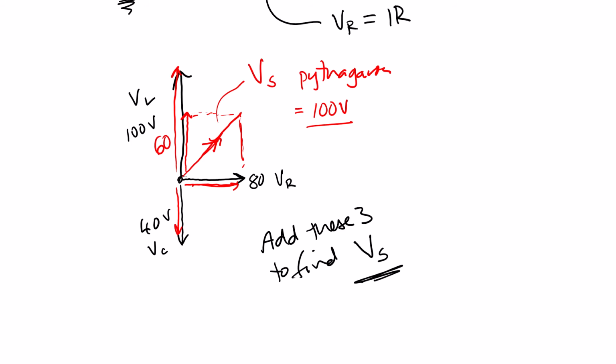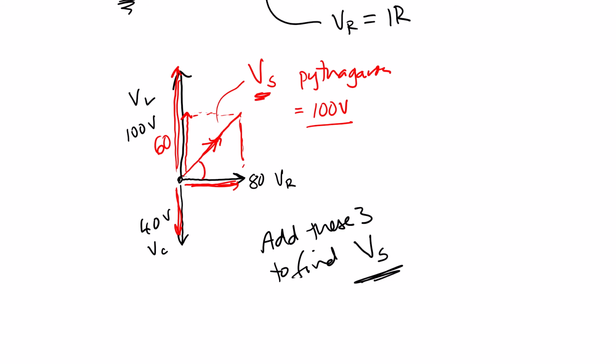Now this is how we work out the voltage of the supply. Of course, in the circuit that we set up, we switch it on and the voltage of the supply happens, but in order to calculate it, we need to add the effect of the voltage across the capacitor, inductor, and resistor to find it. So that's how we find the voltage of the supply.